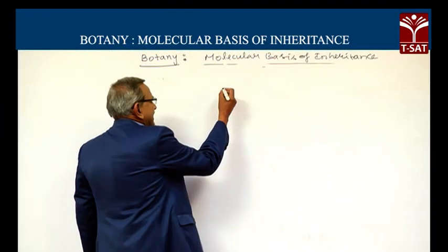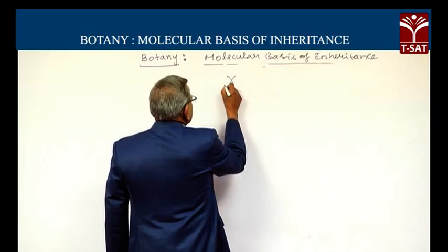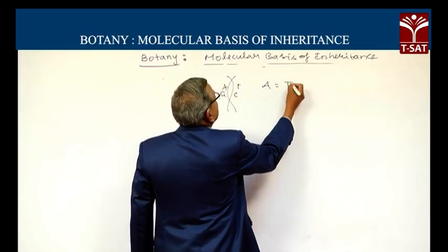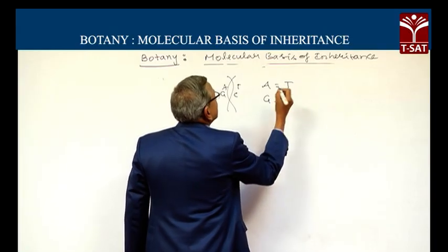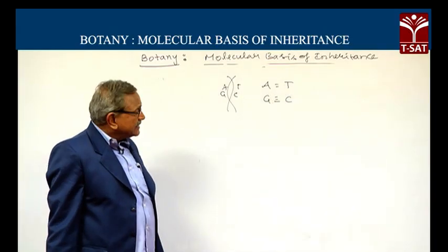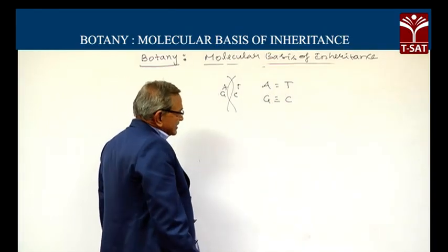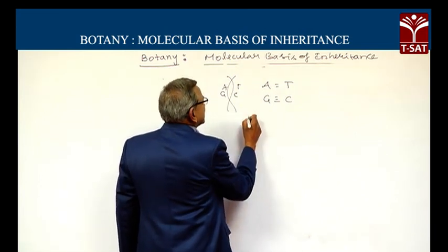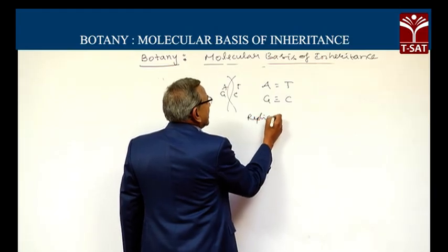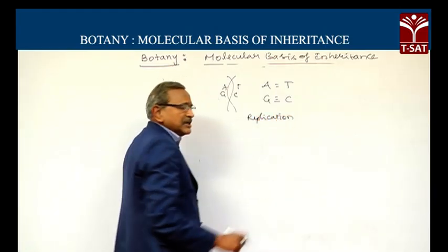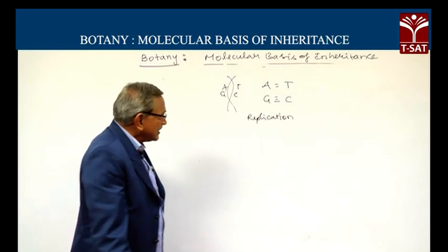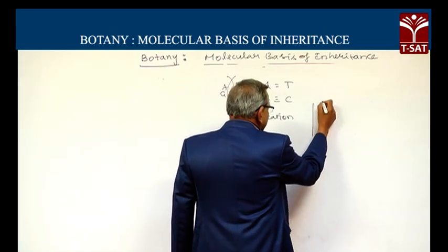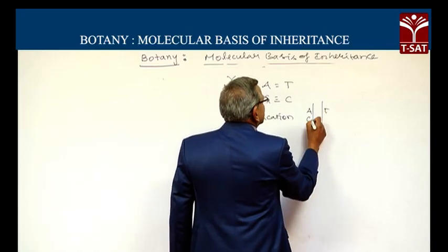Because of fixed pairing between G and C and A and T, Watson and Crick proposed that the replication of DNA, the genetic material, should replicate itself. These two strands will separate and act as templates.